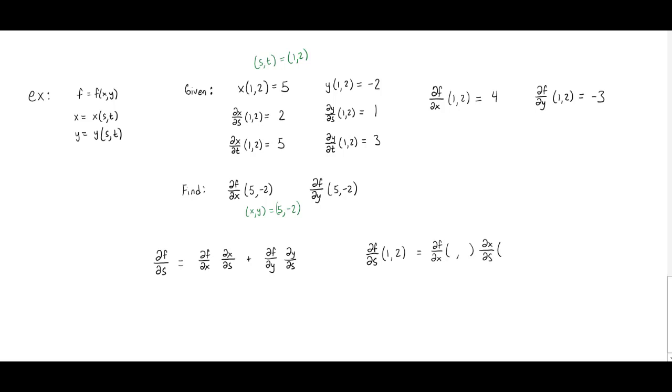Here, this is in terms of s and t, so I'm going to plug in our points 1 and 2 for s and t. But partial of f with respect to x and y, those are in terms of x and y. So it would be incorrect for me to plug in 1, 2, which is why I'm leaving them blank for the moment.